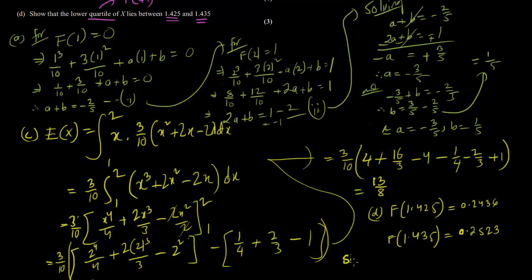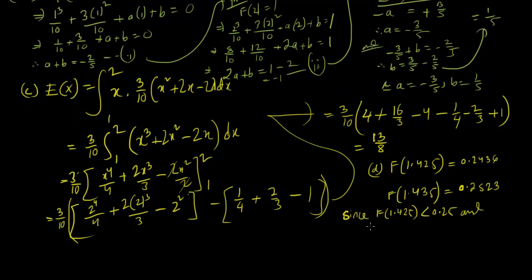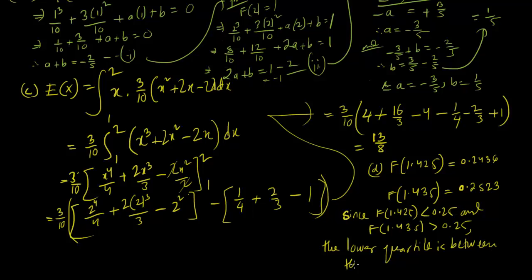So you write: since F(1.425) is less than 0.25 and F(1.435) is greater than 0.25, the lower quartile is between the interval.